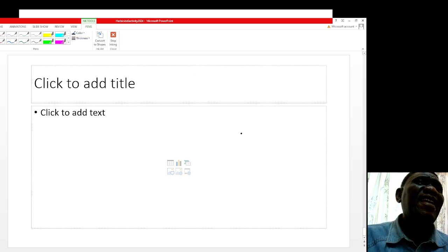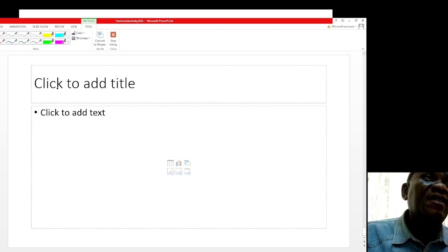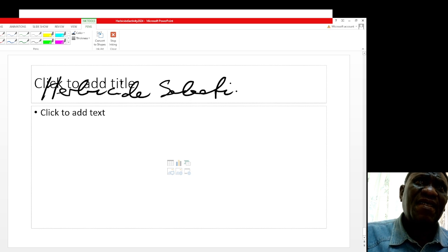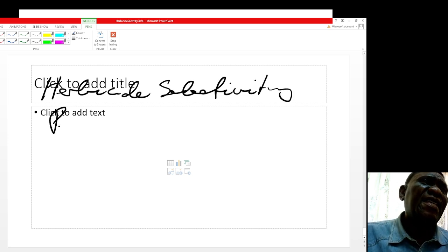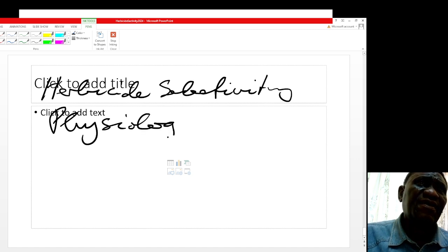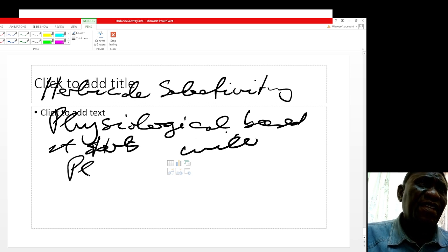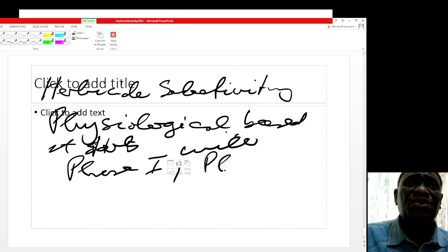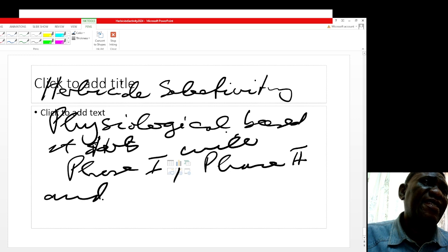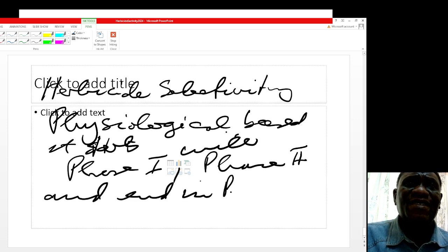So please note that herbicide selectivity, which is physiological based, starts with phase 1, then goes to phase 2 and ends in phase 3.